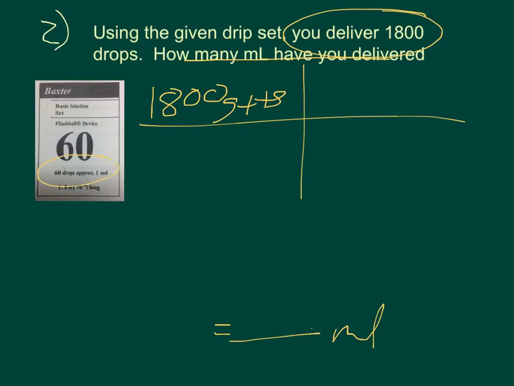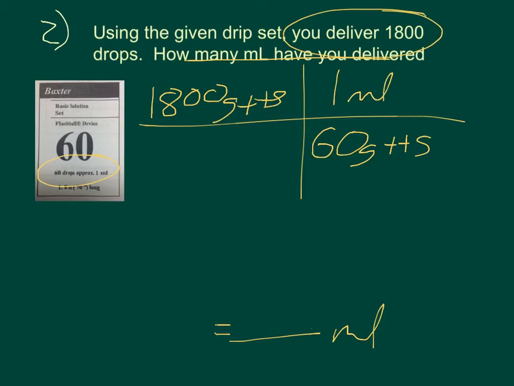If we go to my drip set, 60 drops per milliliter. So like before, remember I said we can cancel from top to bottom, but we can't cancel top to top. So if I were to put the 60 drops here, I wouldn't be able to cancel the drops out. I want to put that drops portion of the problem where I can cancel it out because I want to be left with just milliliters. So we'll put the 60 drops down here so that I can cancel them out, and that 60 drops is 1 milliliter.